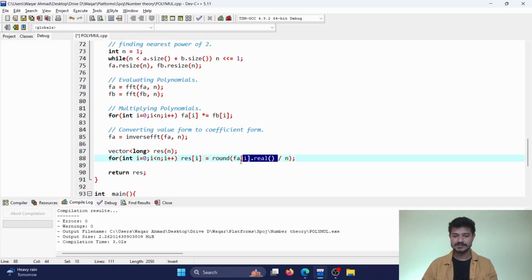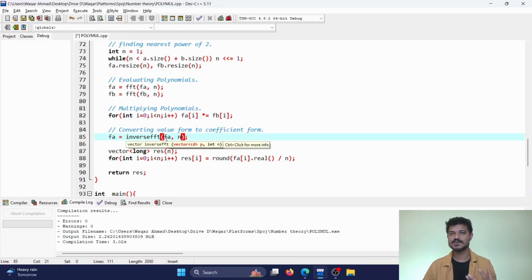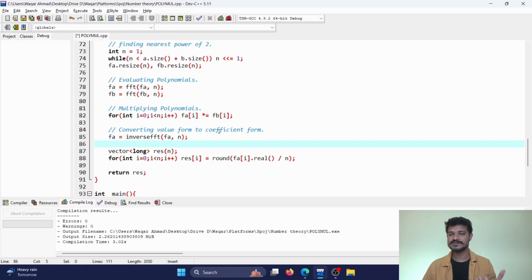The result again has two parts, because FA is a vector of complex numbers. It has both the real part and the imaginary part. But when you have converted it back into coefficient form, only the real part matters, not the imaginary part. So you take the real part, which represents your coefficient in the coefficient form, and divide it by n.